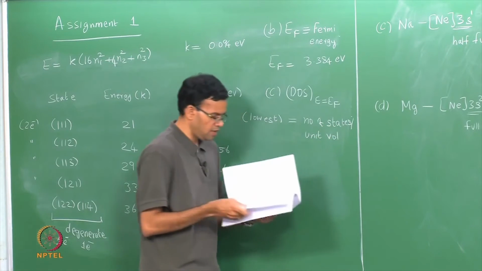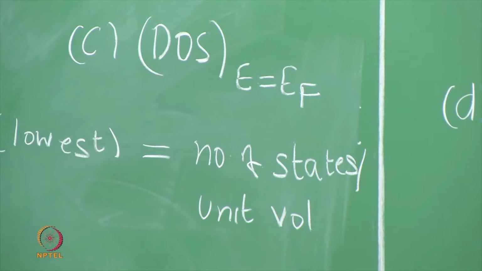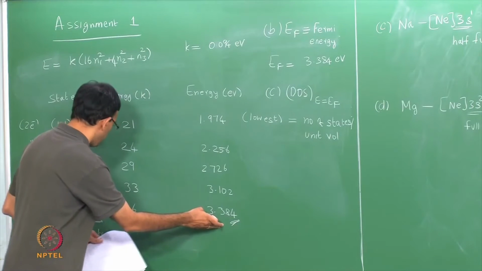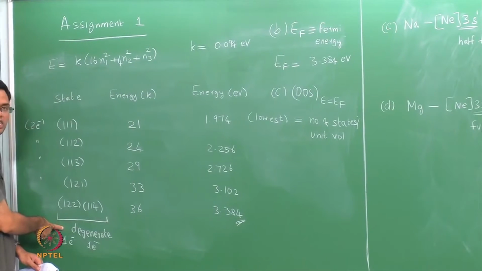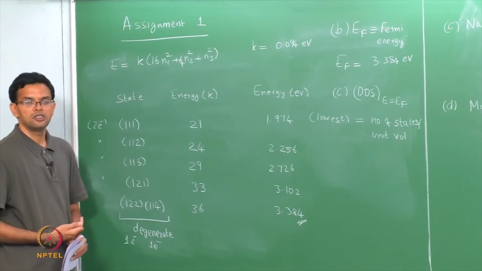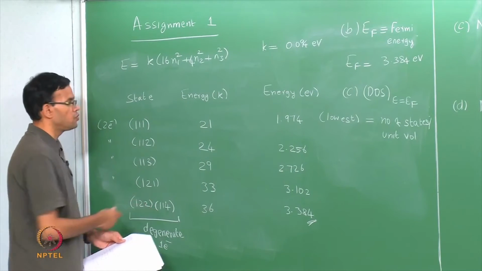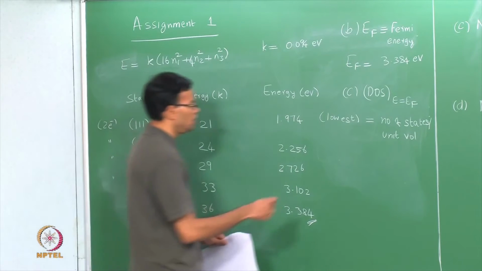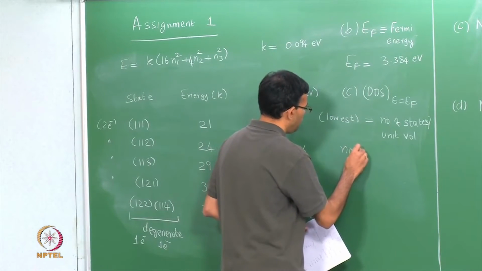So, the question says we want the density of states including spin. If you look at 3.384, we have essentially 2 states, each state can take 2 electrons. So, we have a total of 4 available states. So, the number of states is 4.